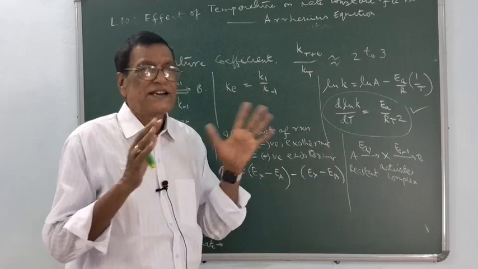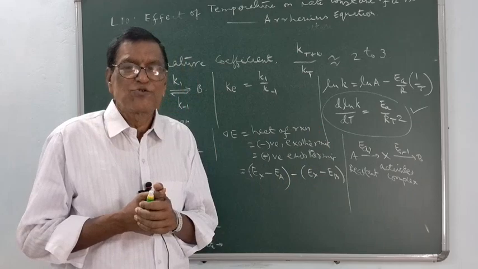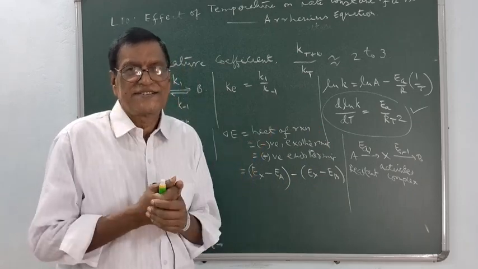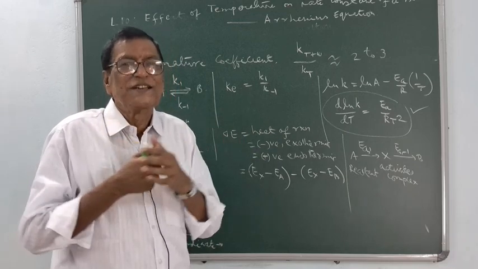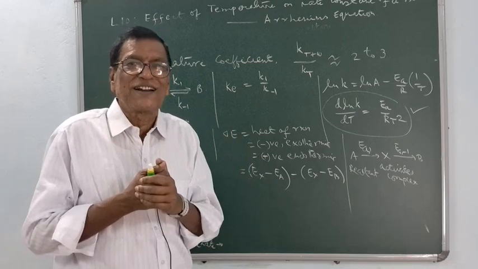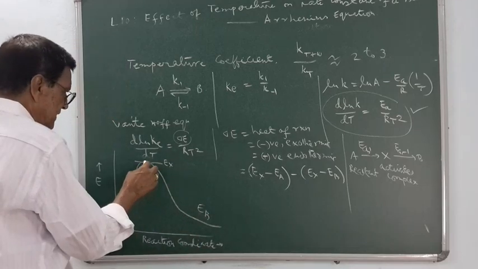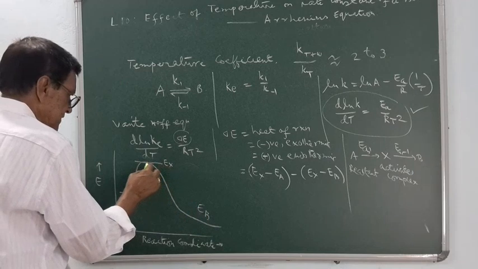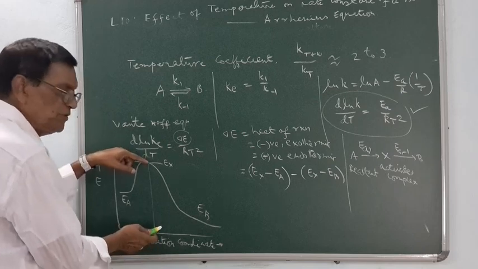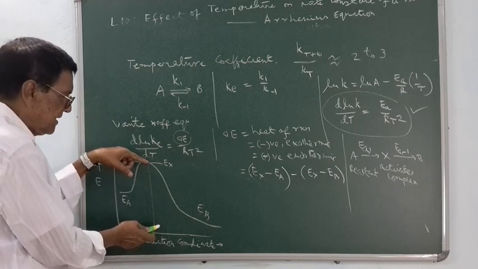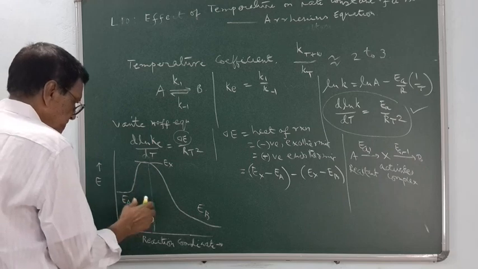EX means energy of this activated complex, which is the transient association of the reactants, on the way to form the product, and then it comes to this one. This value is EX, and this is the energy of the reactant molecule.